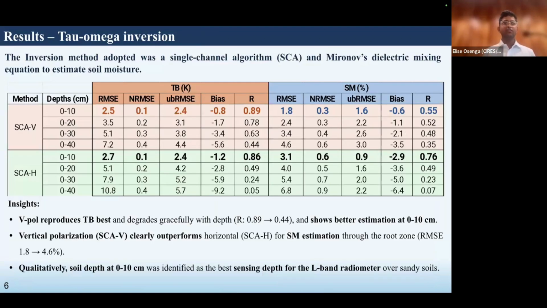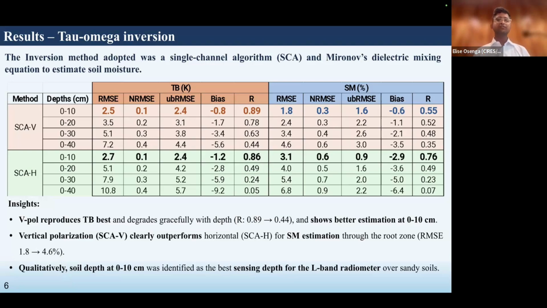So these are the forward tau omega results. The simulated brightness temperature at 4 depths can be seen for both polarizations. SCA stands for single channel algorithm, for V polarization and for H polarization. We can see that 0 to 10 centimeter gives the better simulation for the brightness temperature. Once we have that brightness temperature, we invert it to get the dielectric constant, and then use Mironov's dielectric equation to convert to soil moisture.